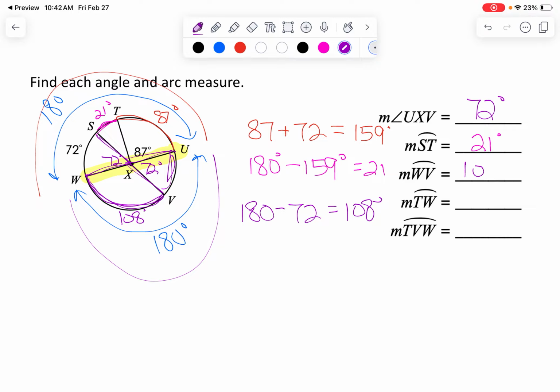Okay? All right. So now we need TW. Well, TW, I can just go, that's from here to here. That's 21 plus 72. So that's going to give me 93.